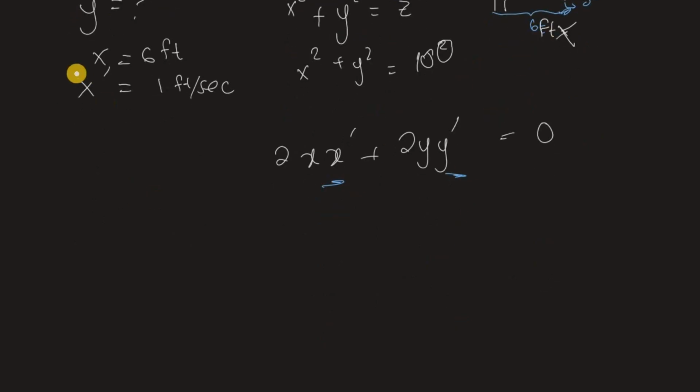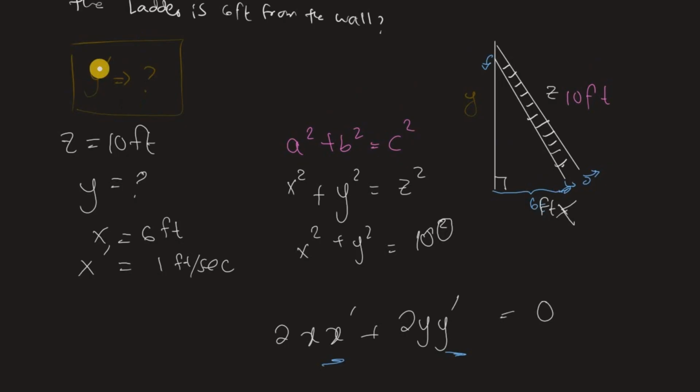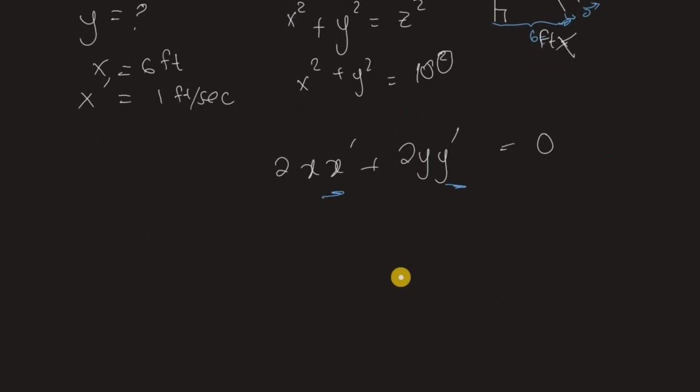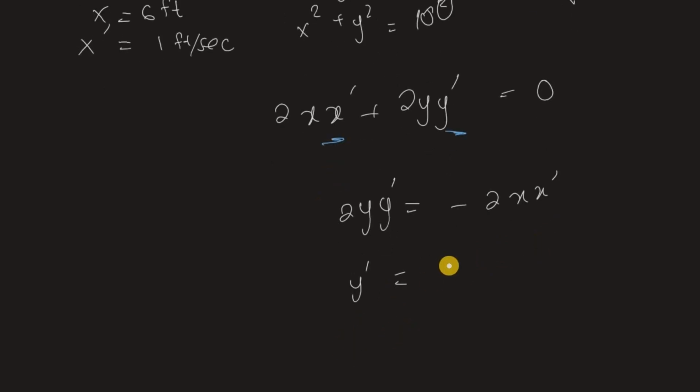Now since our question asks us to find the y prime, we have to isolate this y prime over here. So this term is going to go over to the other side, so that becomes a negative 2x x prime. Now we divide the whole equation by 2y, so negative 2x x prime over 2y.